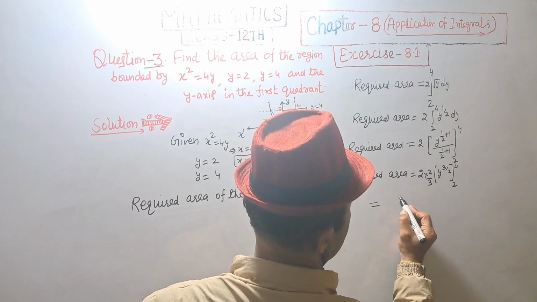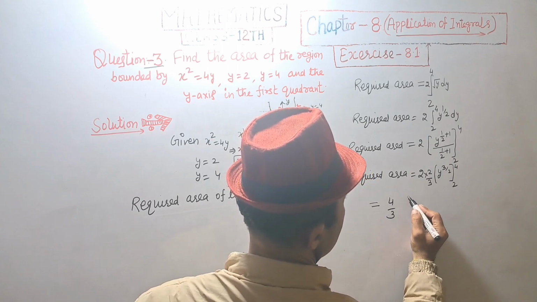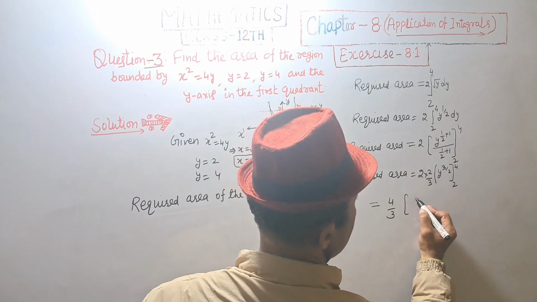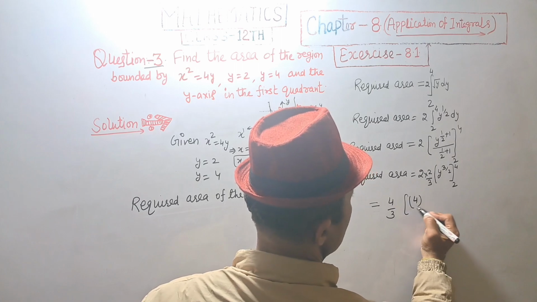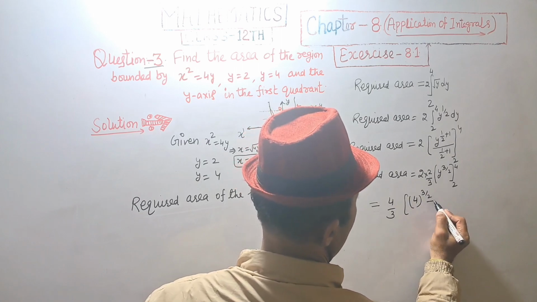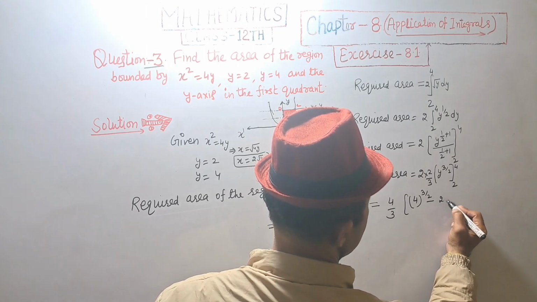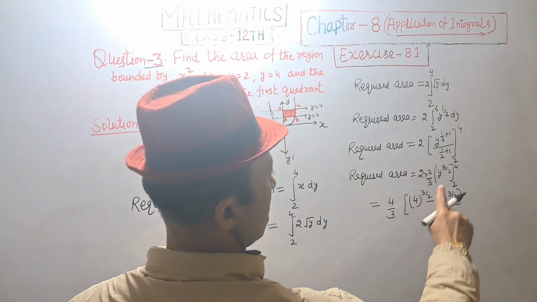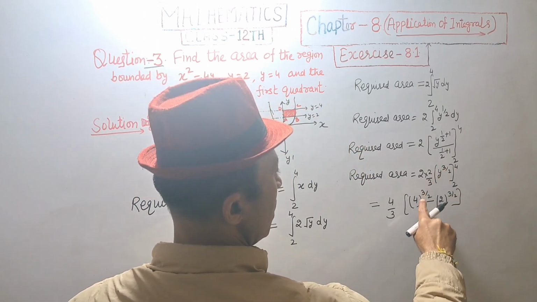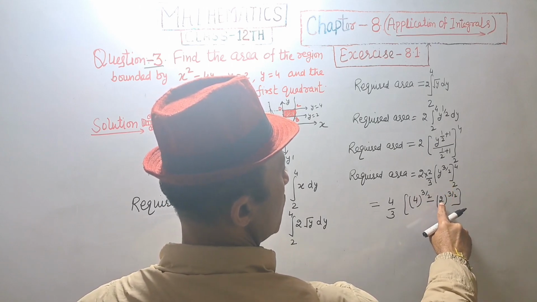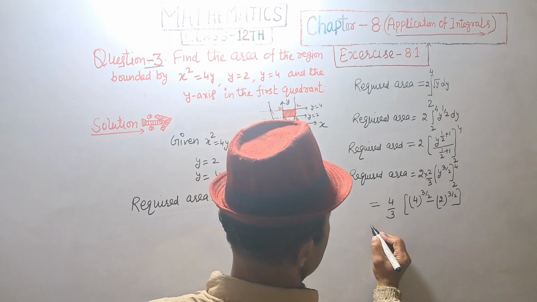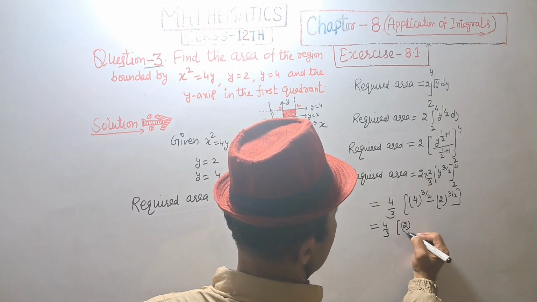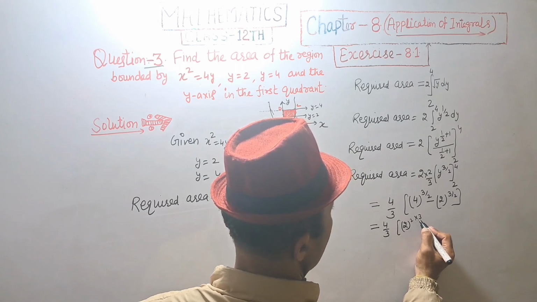So required area is equal to 4 upon 3, and upper limit is 4. We are putting in y, 4 raised to power 3 upon 2 minus lower limit is 2 raised to power 3 upon 2, is equal to 4 upon 3 into 2 raised to power 2 whole power 3 upon 2.